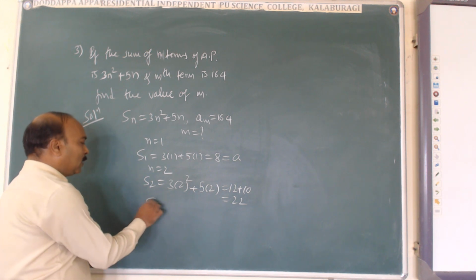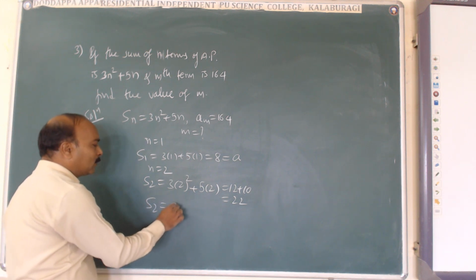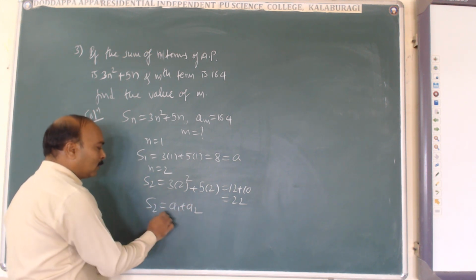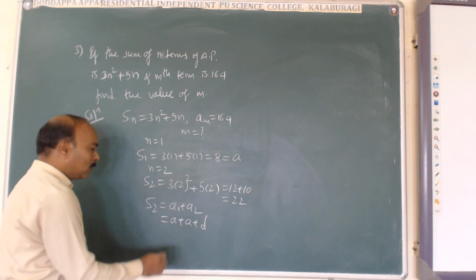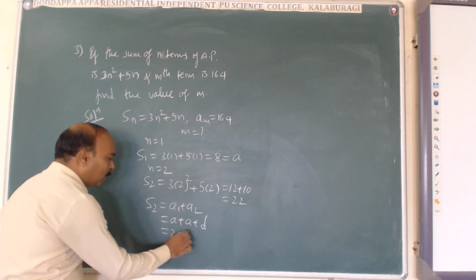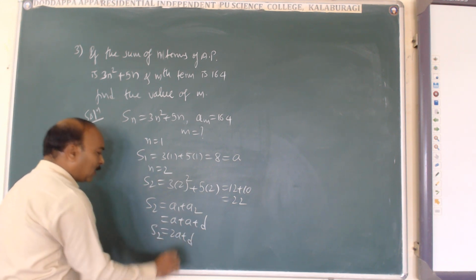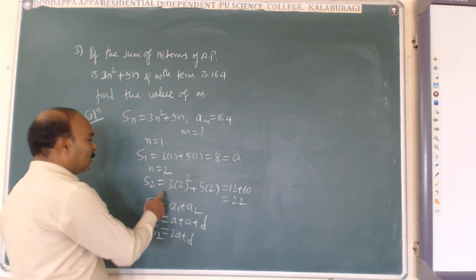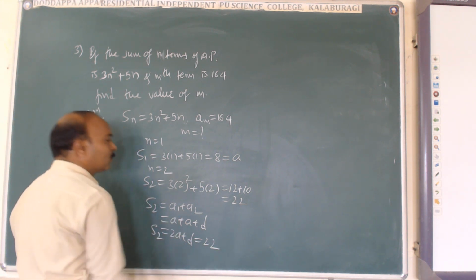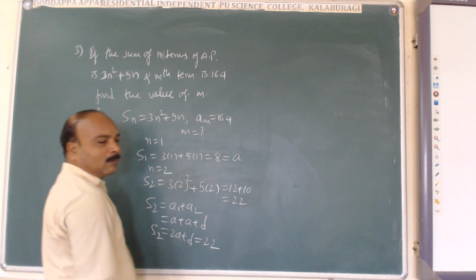So as you know, S2 is nothing but the sum of two terms A1 plus A2. Here A1 is a, A2 is a plus d. So it is 2a plus d. So S2 equal to 2a plus d. Now S2 we got is equal to 22. We have already got the a value, substitute in this.